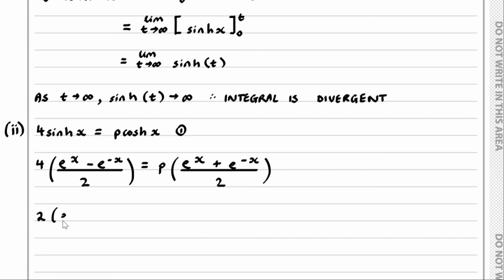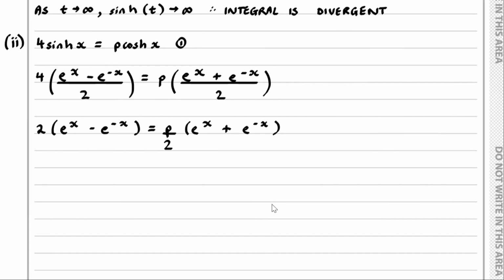So we've got 2 times e to the x minus e to the minus x equals p over 2 times e to the x plus e to the minus x. And if I multiply by 2 on both sides, we have 4 times e to the x minus e to the minus x equals p multiplied by e to the x plus e to the minus x.